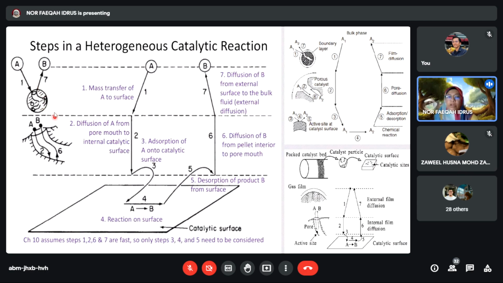And then the reaction will only occur at the active site of the catalyst at the external area. So the difference is there is no pore diffusion. The reaction only occurs at the active site of the external surface area of catalyst.